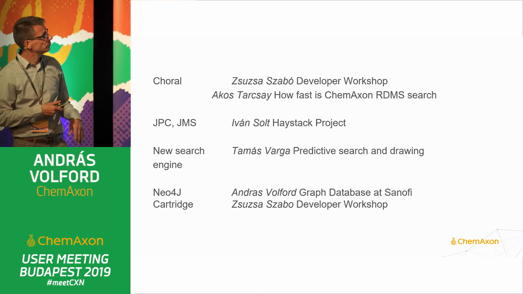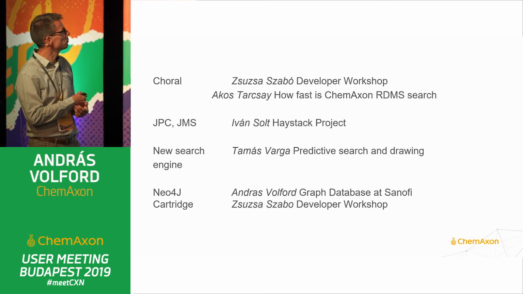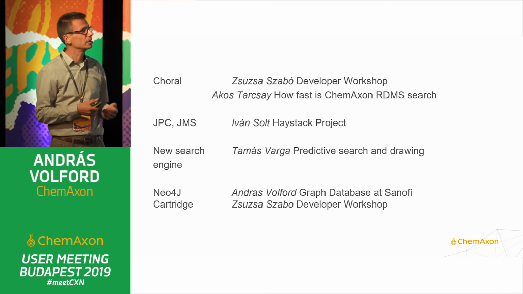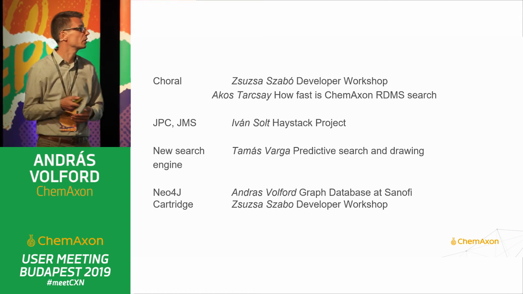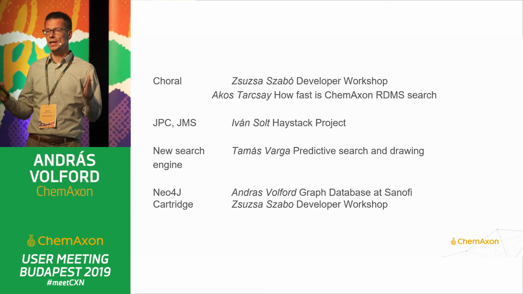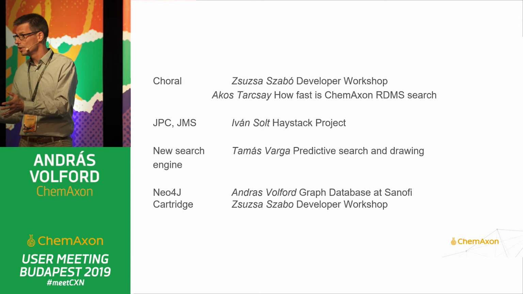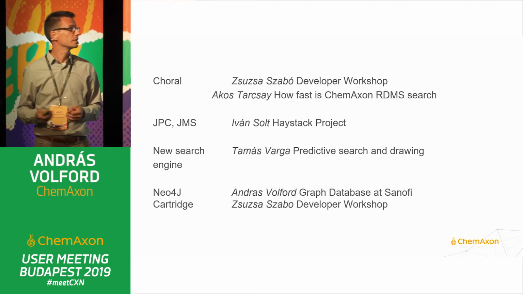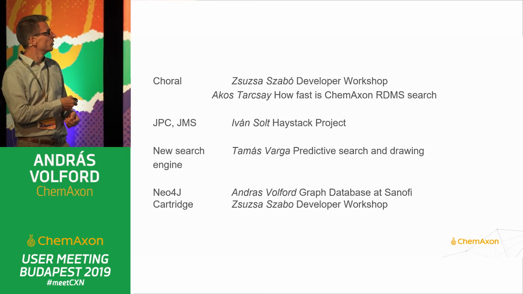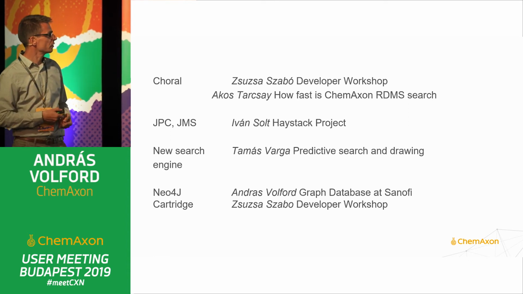and we will have more detailed explanations. For example, the Choral API will be explained by Zsuzsa Szabó at the development workshop. Ákos Tarcsai will compare the Choral speed with the Postgres speed and the JChem Oracle Cartridge speed. The Haystack project is based on the Postgres Cartridge and JChem Microservices.